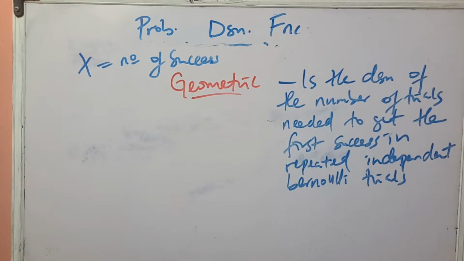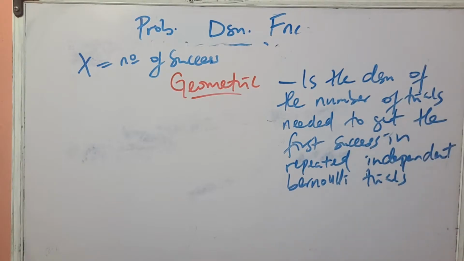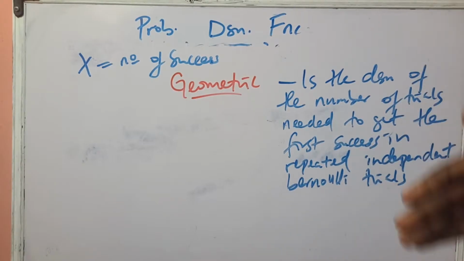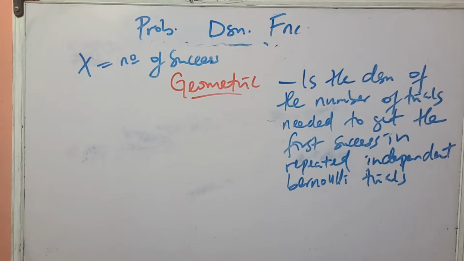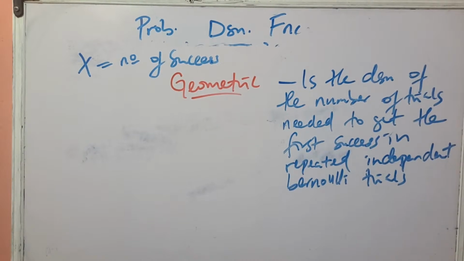So geometric is the distribution of the number of trials needed to get the first success. That's what it does. Geometric ends when you get your first success. Geometric is not interested in, when you are tossing a coin 5 times, I got a head 2 times, or when I tossed a die 10 times, I got a 6 3 times. Geometric is not interested in all those.